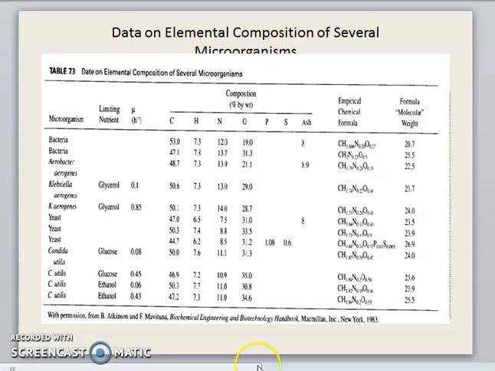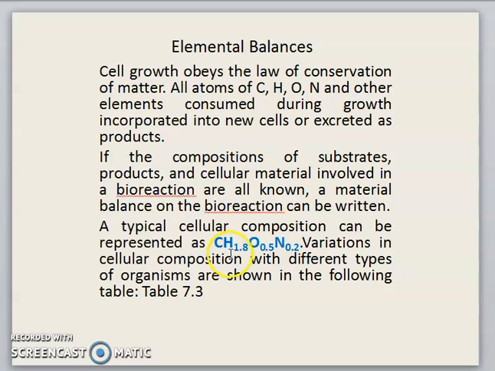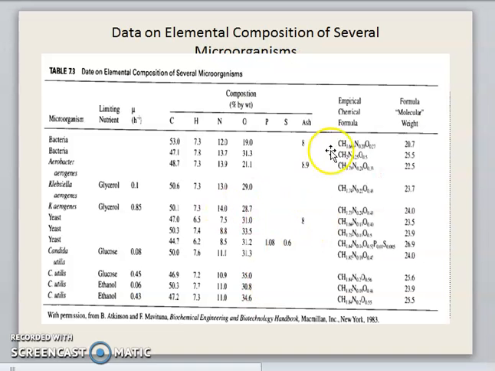Okay, so the general empirical chemical formula for microbes is CH1.8 O0.5, and for the element of nitrogen, 0.2. This is the general empirical formula, and they also have their specific empirical chemical formula.